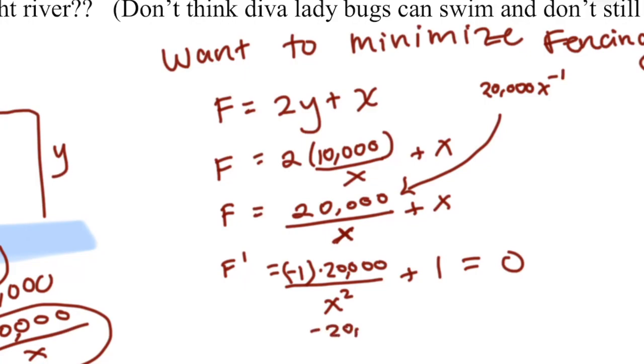So some of you might be panicking right now because we have this x squared and we don't know how to factor it. But if we have one term with an x and the other with not an x, just put the term without the x over there, and then we can multiply by x squared to get rid of that ugly fraction. So then I get negative 20,000 equals negative x squared.